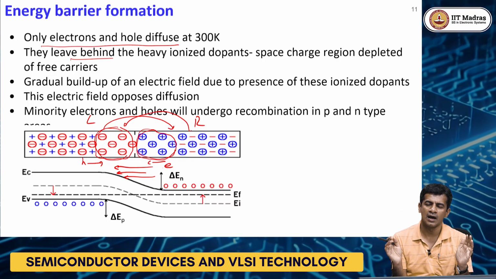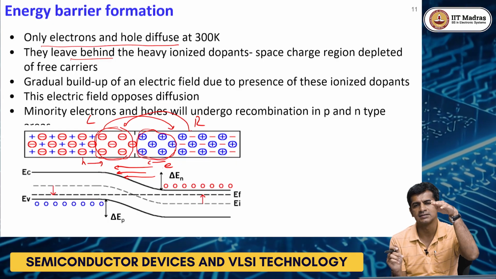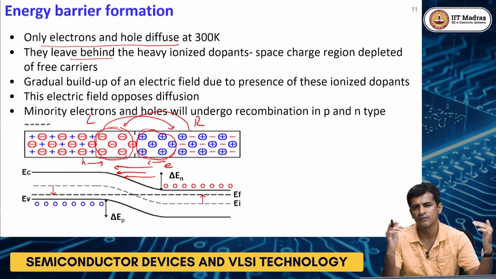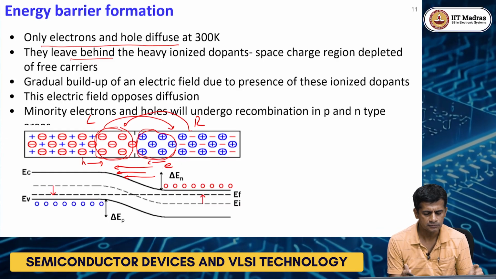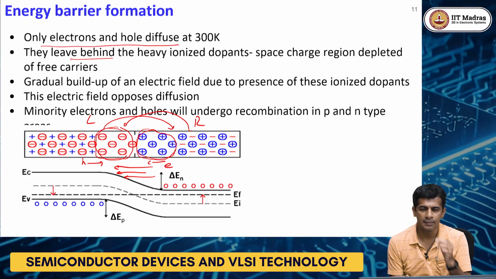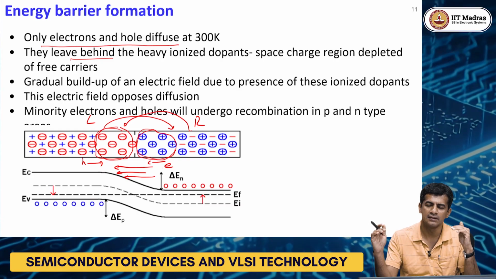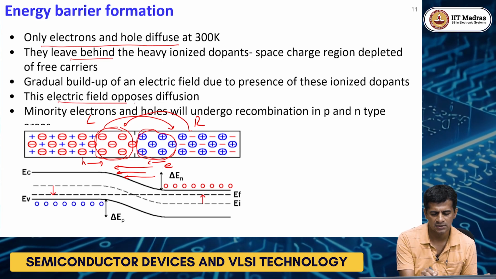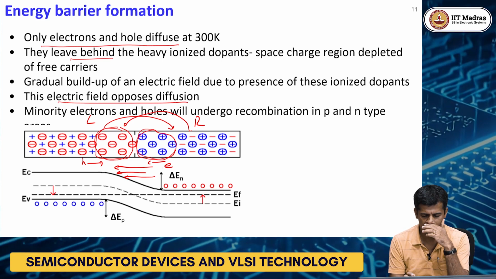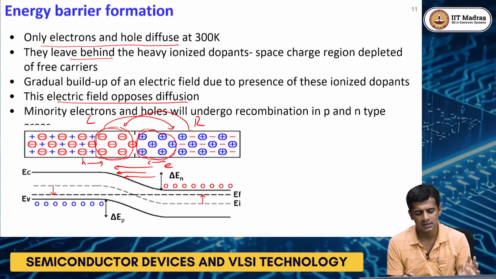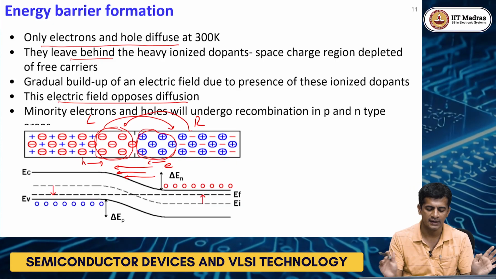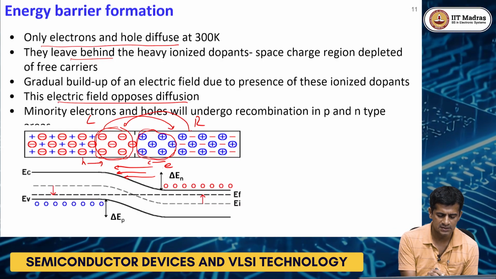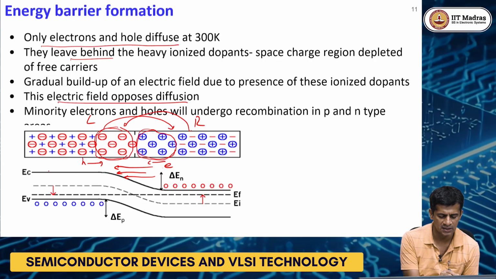At some point, the electric field completely opposes the diffusion of carriers. Then both phenomena balance each other: the electric field opposes the diffusion. So the diffusion stops, or rather the net rate stops, and it will reach an equilibrium condition.